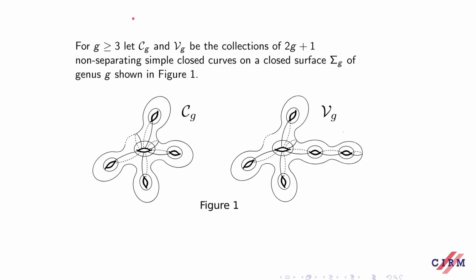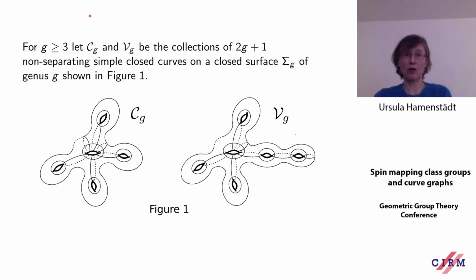There is a more easy to remember system of generators, which is due to Humphries. It consists of exactly 2g plus 1 simple closed curves. That means we take the Dehn twists about a system of exactly 2g plus 1 simple closed curves, and these curves also decompose the surface into disks. In fact, the curves that define the Humphries generators are a subset of the curves that define the Lickorish generators.